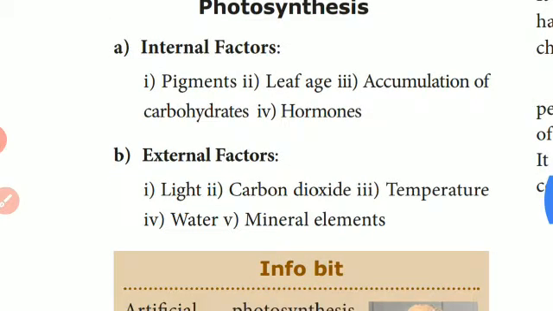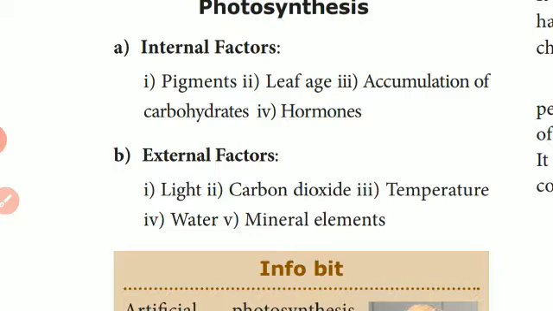The external factors are light, carbon dioxide, temperature, water and mineral elements. If there is scarcity of light, photosynthesis will be affected. If there is no carbon dioxide or a low amount of carbon dioxide, photosynthesis will be affected. If there is no water, that also will be affected.